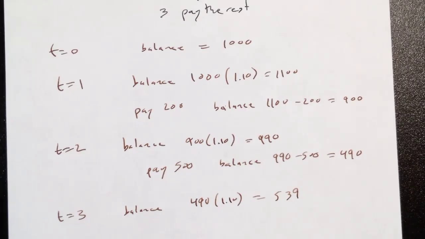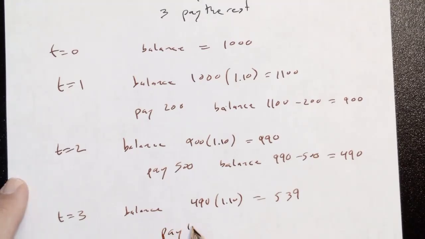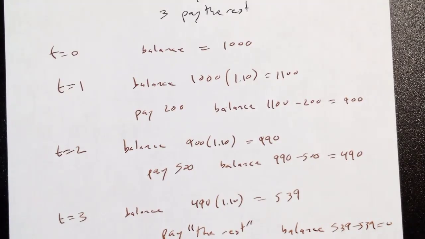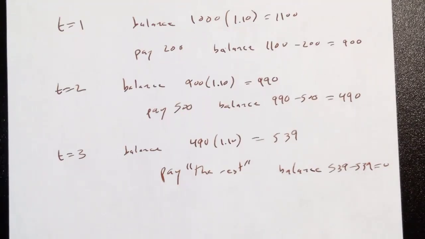So I'm going to end up paying substantially more, but when I pay the rest, my balance is 0. And I've laid my loan to rest. It's dead, Jim. This isn't truly a balloon payment because they weren't level in the middle.